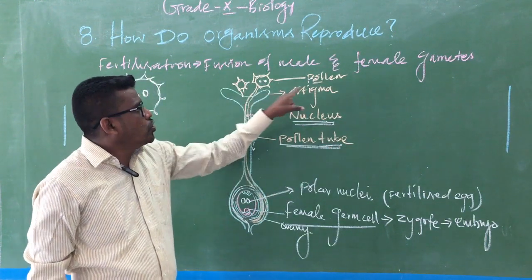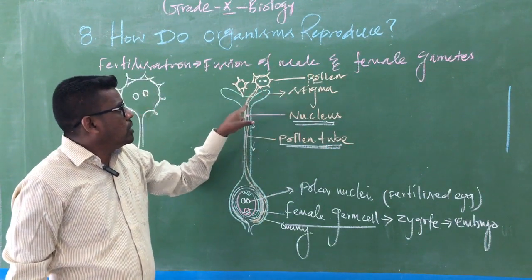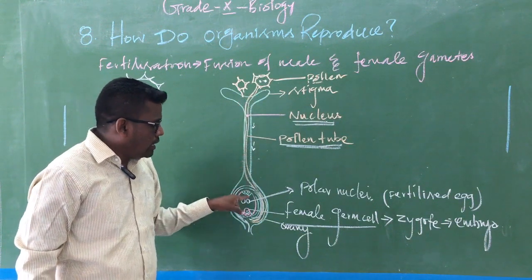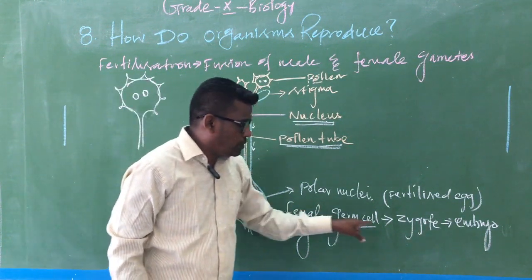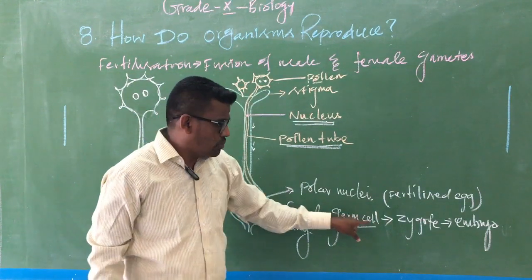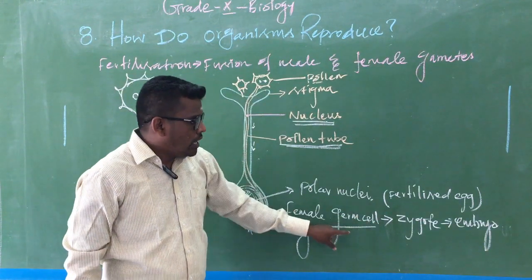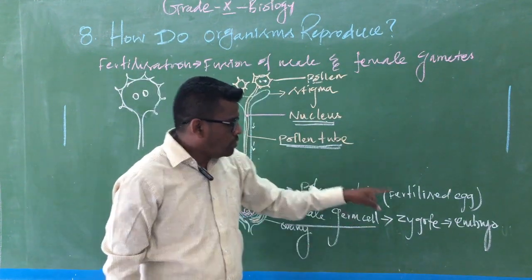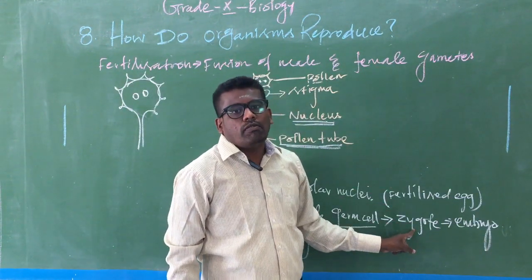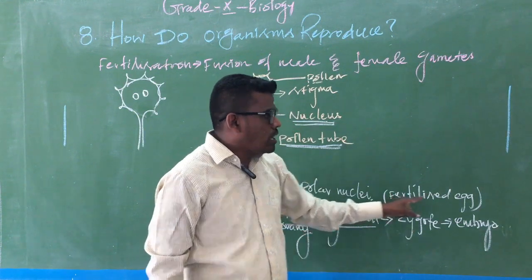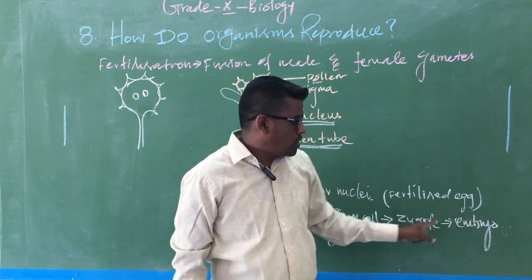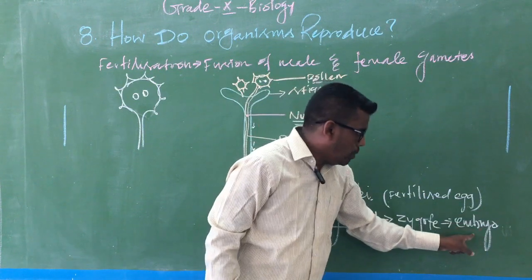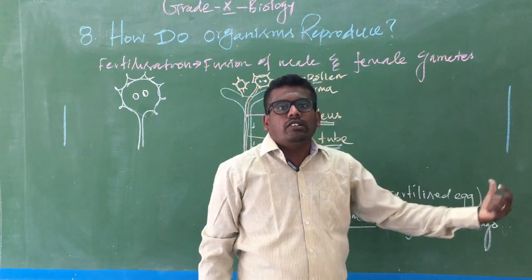Through it the pollen nucleus moves and reaches the female germ cell, that is the egg cell, and fertilization occurs. After fertilization the zygote forms, and the embryo is the future plant.